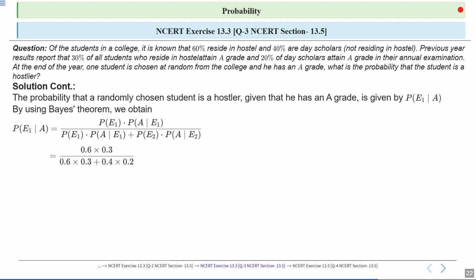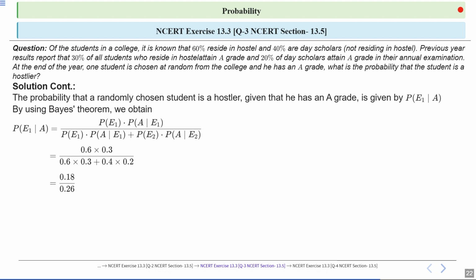After substituting these values into the formula, we get 0.6 times 0.3 divided by 0.6 times 0.3 plus 0.4 times 0.2. If we further simplify it, you will get 0.18 divided by 0.26.